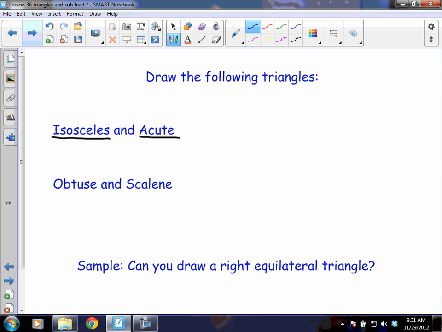If we're going to have an isosceles triangle, we're going to have two sides that are the exact same length. And right here is an acute angle, and now we got to make sure that this angle and this angle are also acute. And if I put a line like that, it's very clear to see that this is an isosceles triangle. This side and this side are the same, and we have acute angles all the way across. And so we have an isosceles acute triangle.